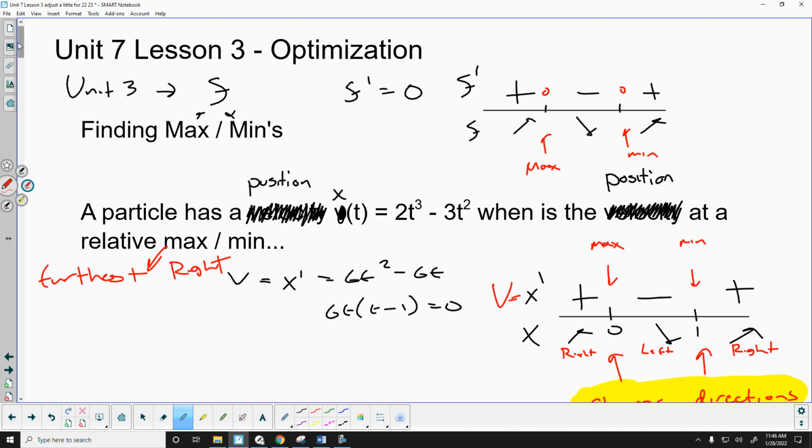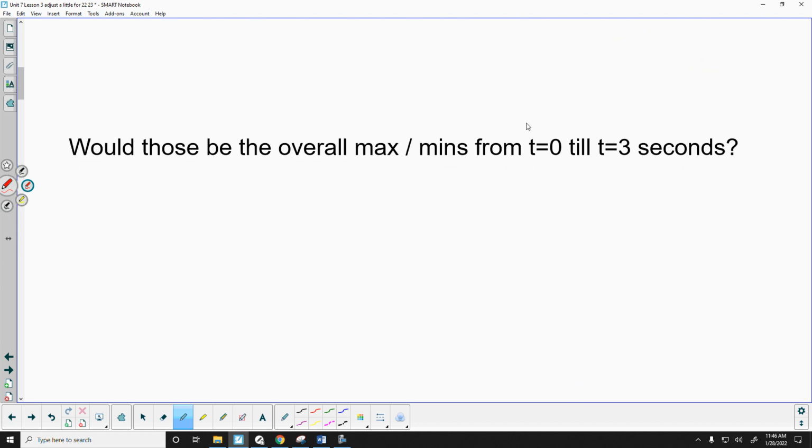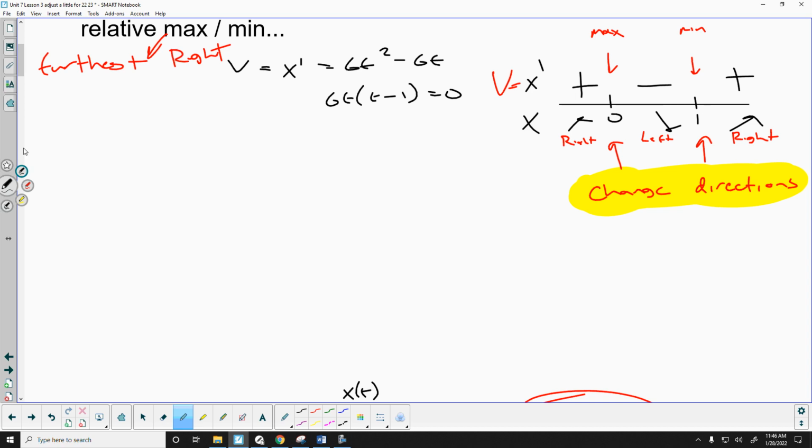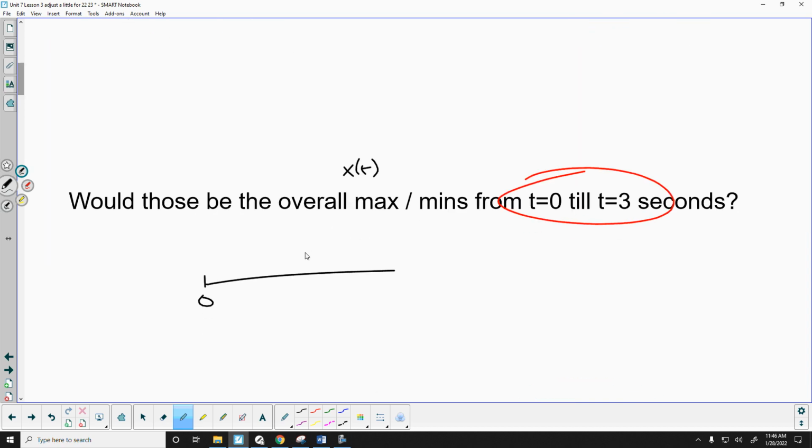If I'm given a closed interval from 0 to 3 seconds, and let's say I'm finding my overall maximums of position, and I had 0, I found 1, but I'm stopping at 3. I have an interval.